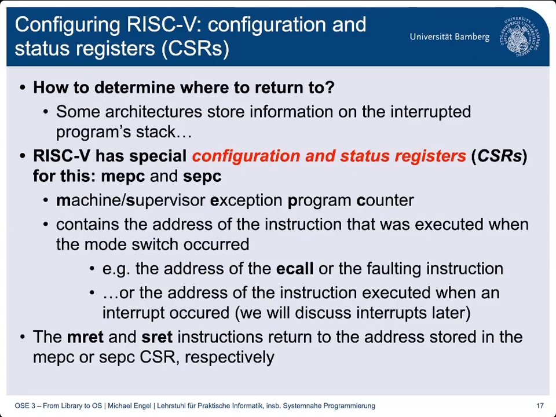So this is just a reminder how to determine where to return to. Some architectures actually store this information on the stack of the interrupted program, and this makes it more difficult to retrieve it, because then you have to figure out what was the interrupted program's stack pointer and then read memory to figure it out.